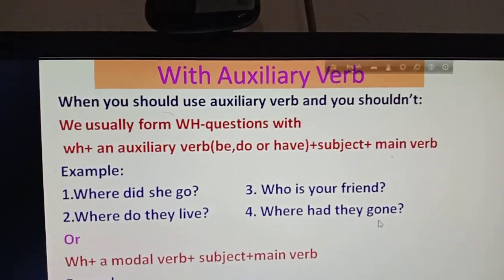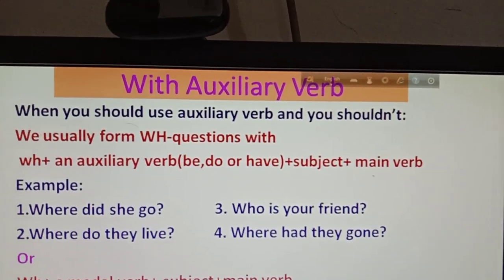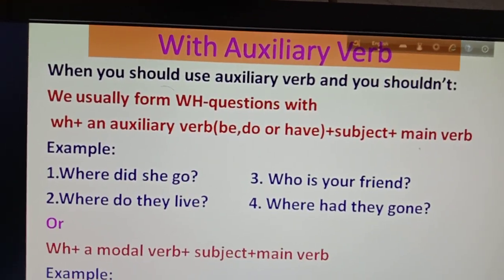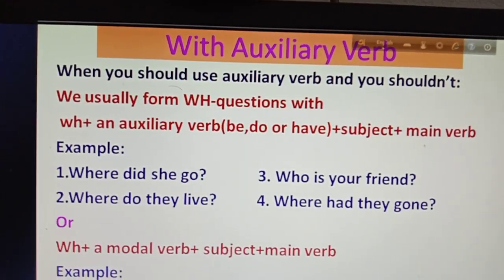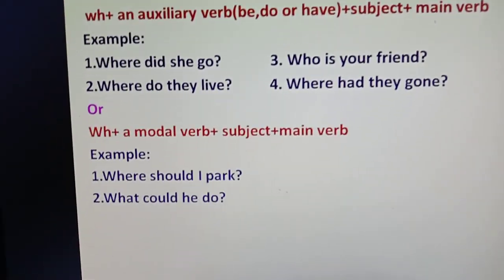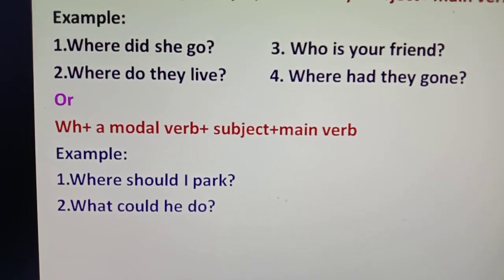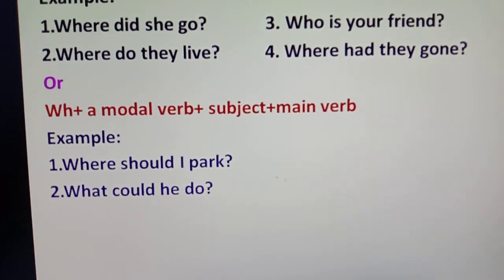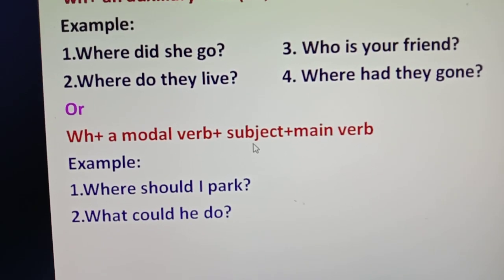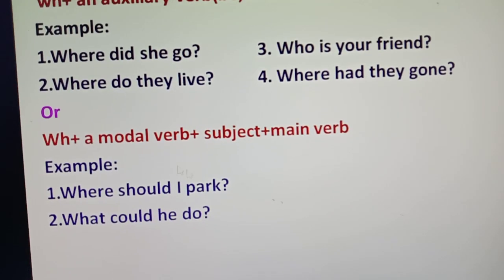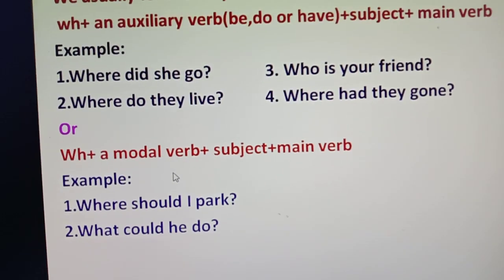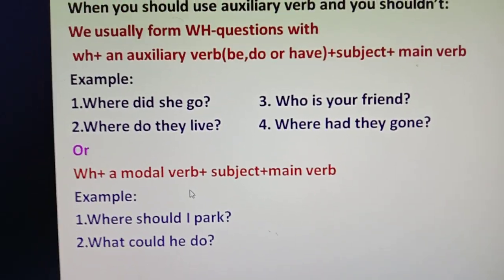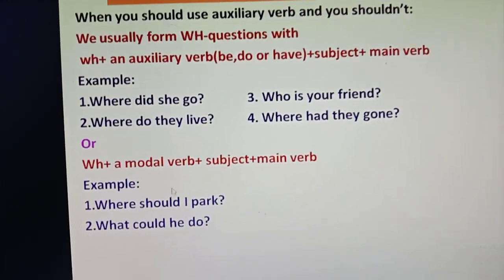So actually this is the basic thing of WH questions. You always know that after WH question we use auxiliary verb, and there is another way to make WH question, that is WH plus a modal plus subject plus main verb. Actually boys, modal is also an auxiliary verb, but what is the difference between modal and auxiliary verb?